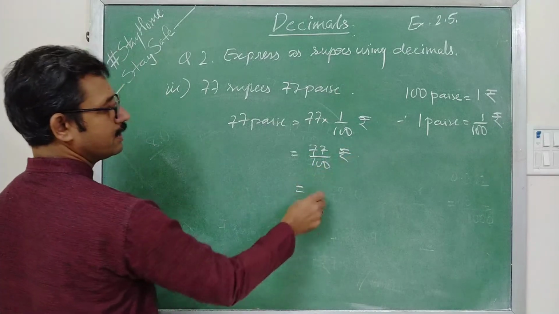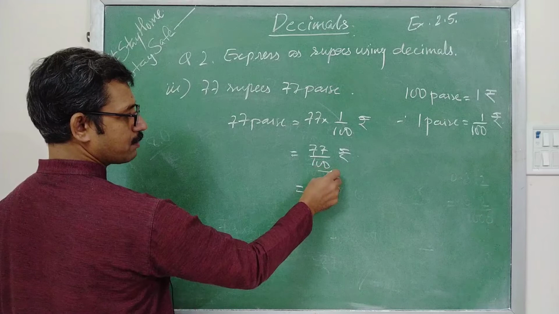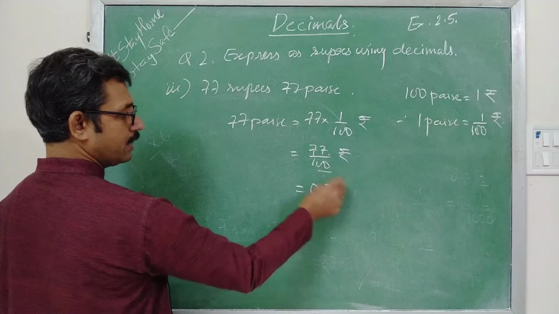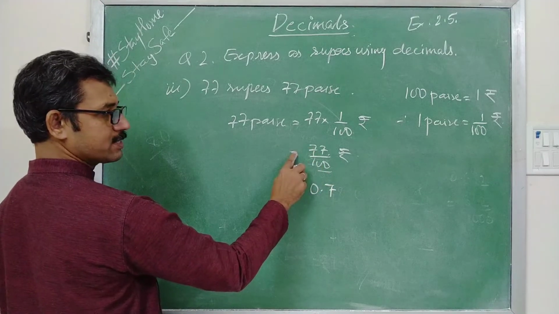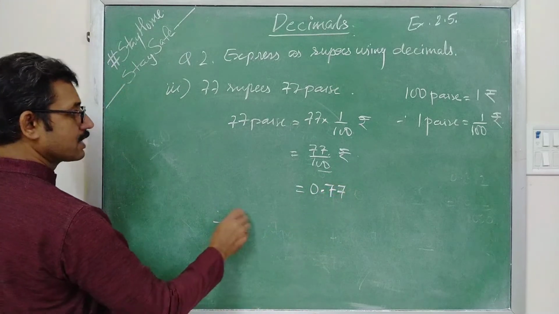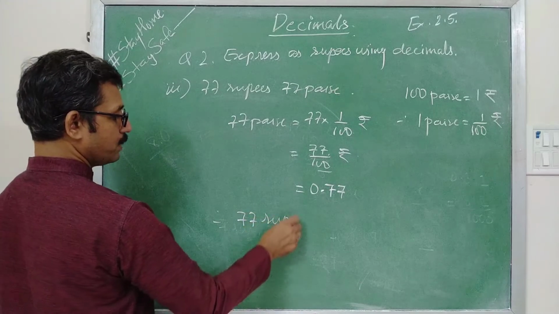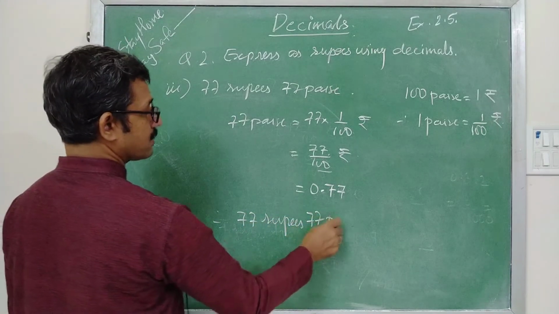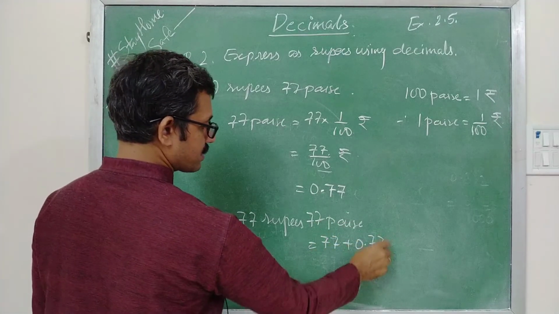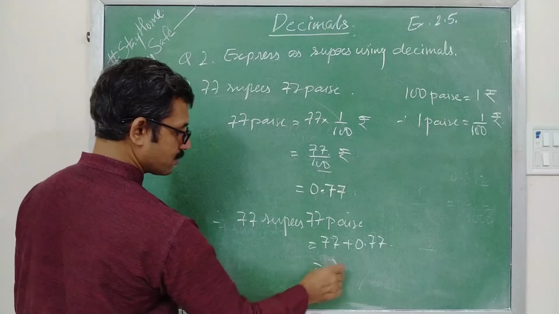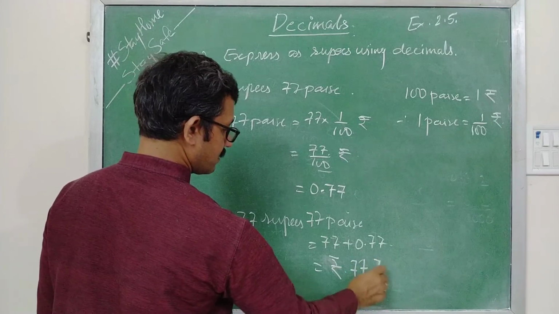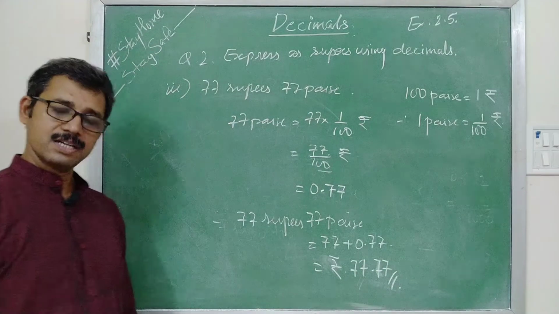Now here the point is to be shifted 2 decimal places, that is 0 point. If the digit before the point is not there, we have to insert a 0. So 0.77. Therefore, 77 rupees 77 paise is equal to 77 plus 0.77, that is rupees 77.77. That's it. Understand? Like this.